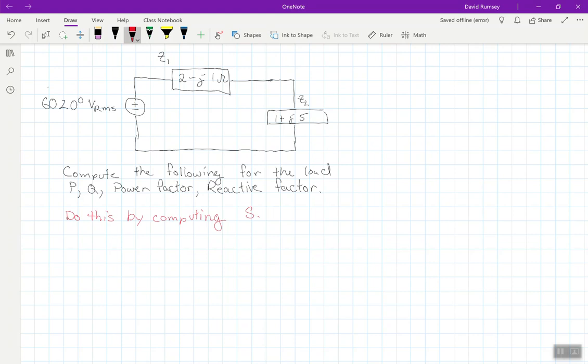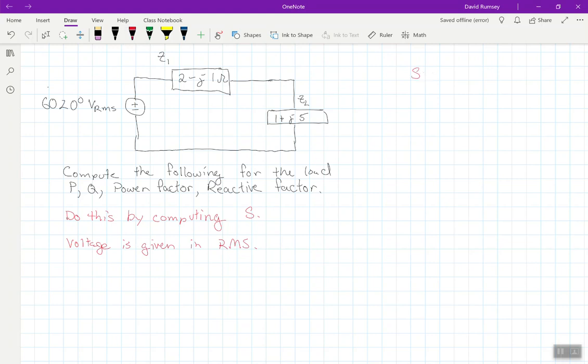Now, we want to also remember here, and I'm doing this example because we haven't done any like this before. Notice here, the voltage is given in RMS. So I'll put it off to the side here. Remember how we had a formula here?